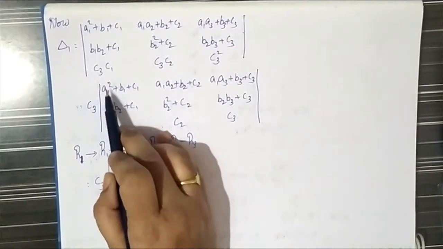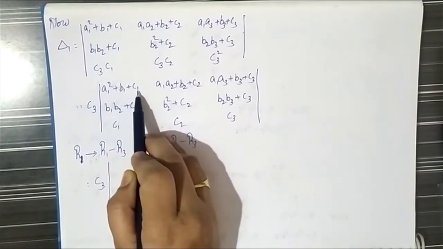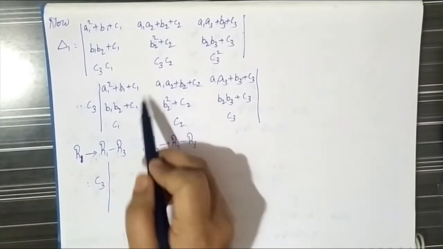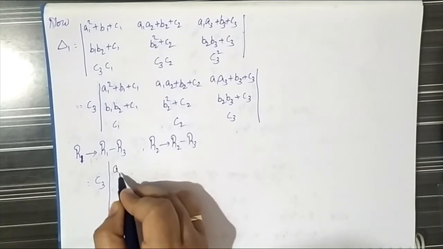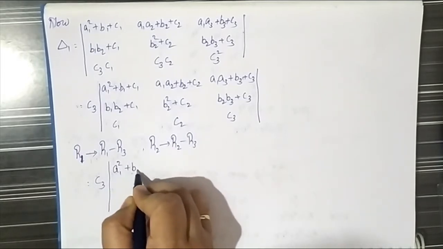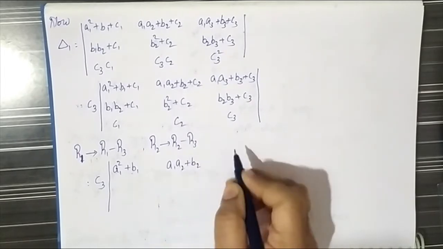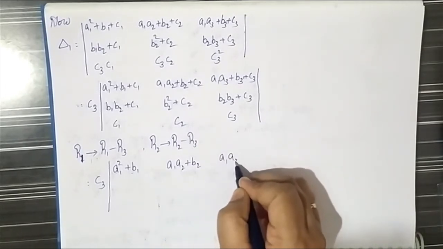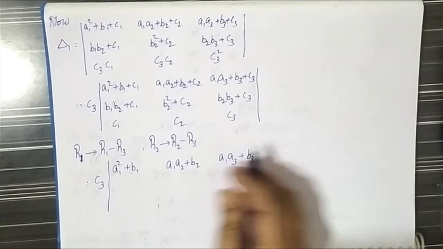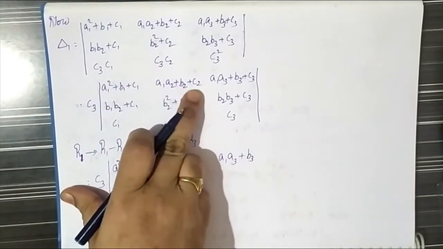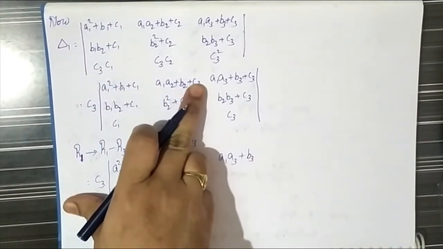R1 value is a1 square plus b1 plus c1 minus c1, so plus c1 and minus c1 get cancelled. The remaining term is a1 square plus b1. Here a1 a2 plus b2, and a1 a3 plus b3, because in a1 a2 plus b2 plus c2 minus c2, the c2 terms get cancelled.